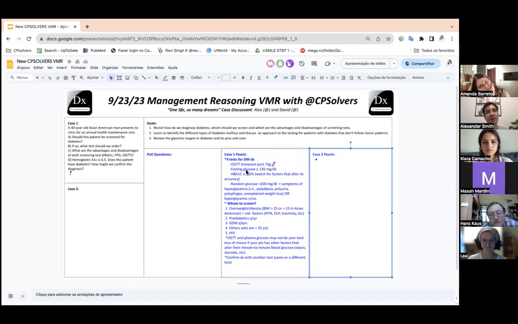So maybe just one point of clarification. Yusuf is making some really strong points in the chat about how whether or not you have this bona fide diagnosis of diabetes in many cases is not changing how you treat that patient. But what may change is if you give that person that final diagnosis in the chart, in terms of potentially changes to the things that we need to screen for.